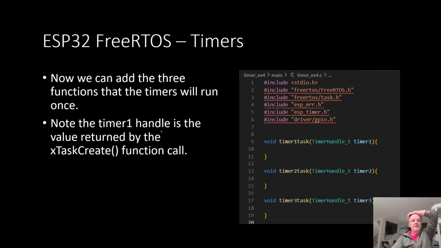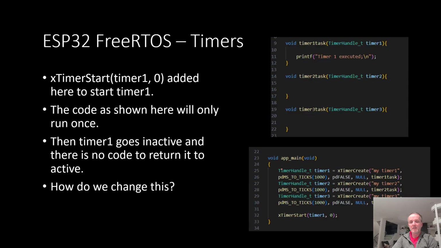Now we can add three functions the timers will run once. Note the timer 1 handle is the value returned by the xTimerCreate function call on this line right here. So xTimerStart, timer 1, 0. The 0 is a delay to starting the timer. So that's added here to start timer 1.